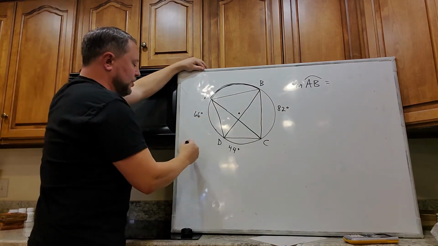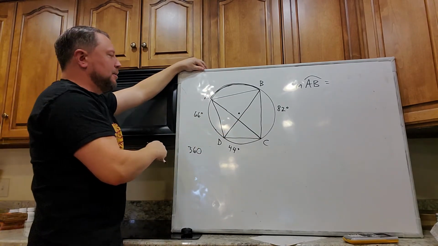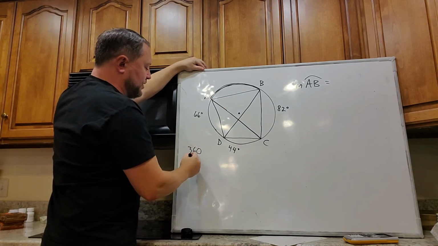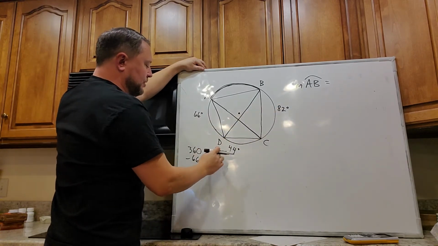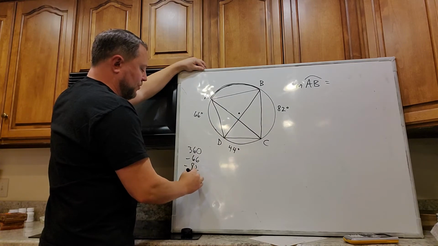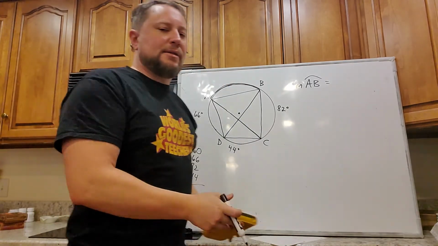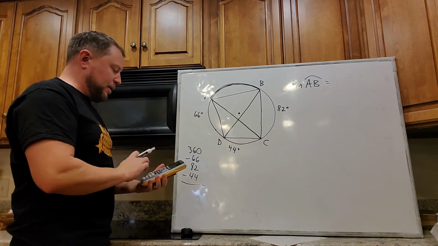So all we have to do is understand that a full circle is 360, and we're going to take away from that 360 all 3 of these. You're going to take away the 66, the 82, and the 44. And whatever's left would have to be that top measurement for arc AB.